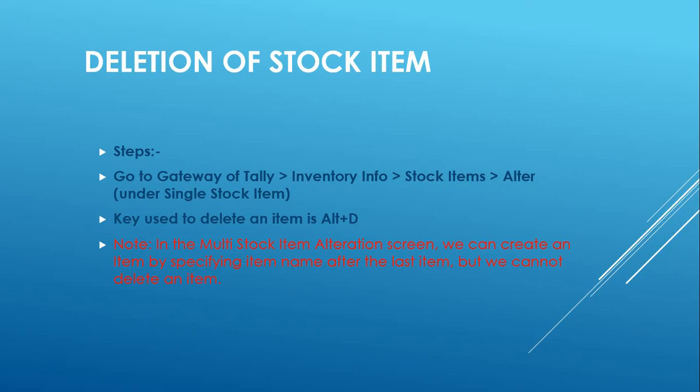Select the stock item to be deleted and select Alt D. In multiple stock item alteration mode, we can create an item by specifying the item name after the last item, but it is not possible to delete an item in multiple stock item alteration mode.